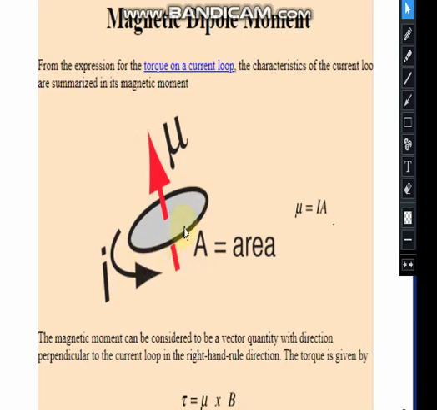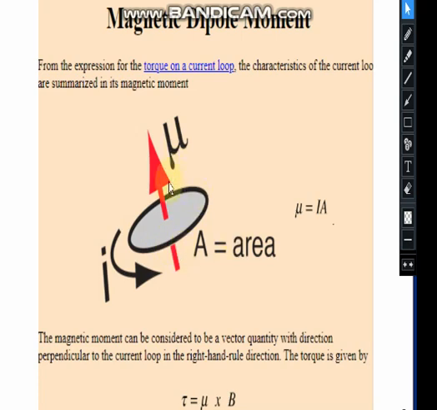If we stretch our thumb and curl the fingers of our right hand in the direction of the current, then the stretched thumb will give us the direction of the magnetic dipole moment for that current loop.